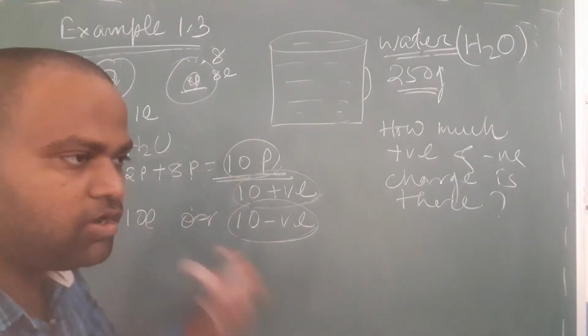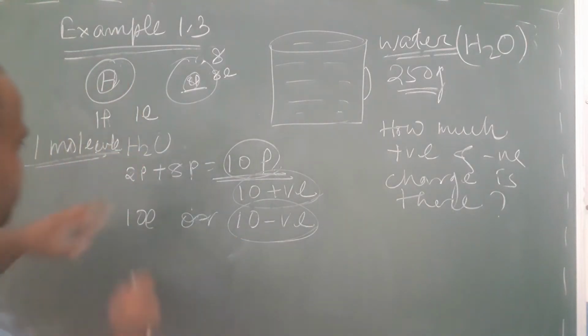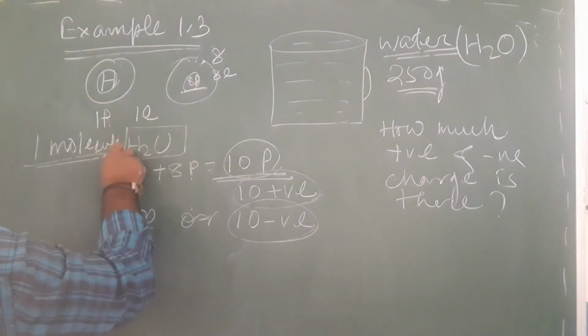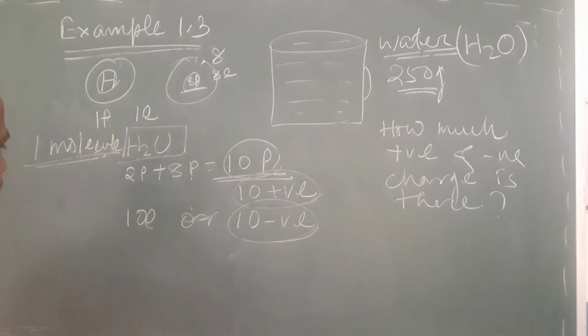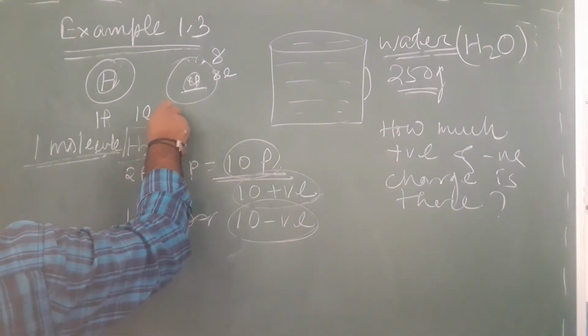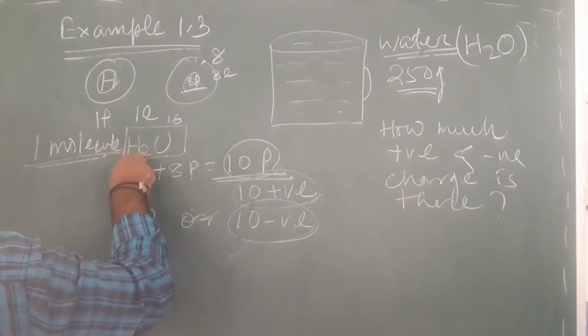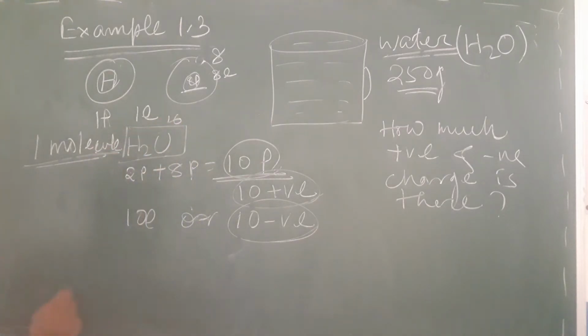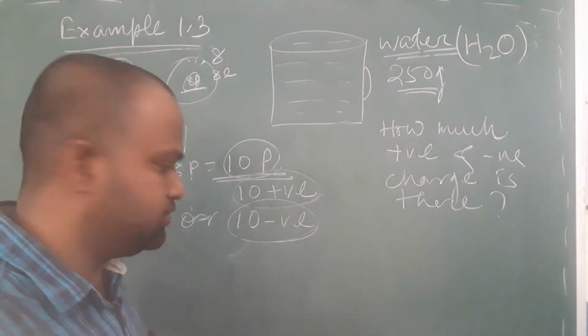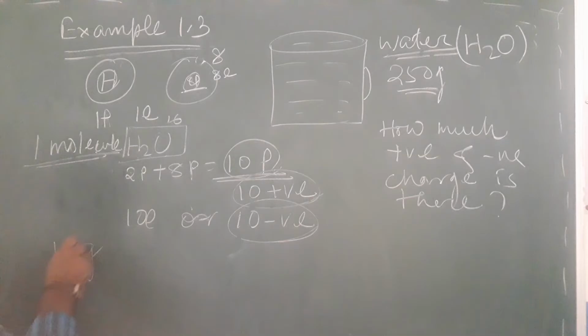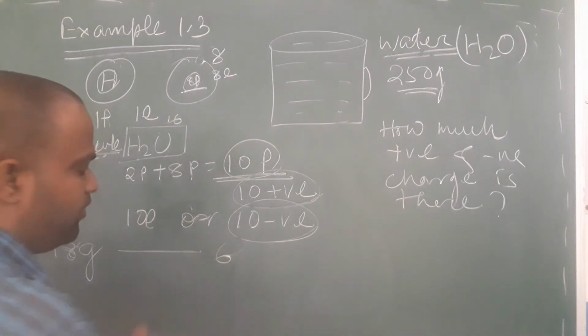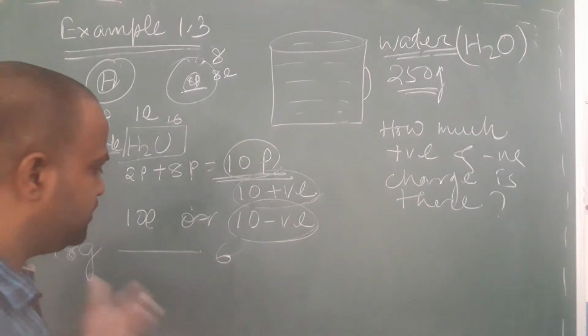Now from the mole concept, we know the mass number of one water molecule. The mass number of oxygen is 16 and hydrogen is 1, so the mass of H2O is 18 gram. So 18 gram of water contains Avogadro's number of molecules.